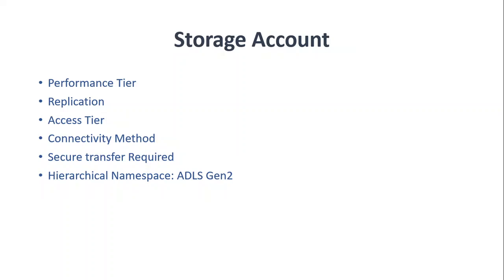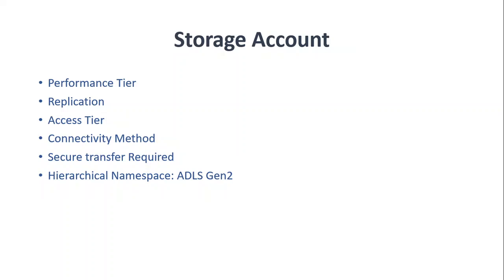Replication is used for high availability and disaster recovery, which we'll see in the upcoming slides in more detail. Access tier is how we want to access it. There are two types, hot and cold. Hot means frequent access and day-to-day usage. Cold is infrequent access, for backup scenarios, archive and those kinds of things.